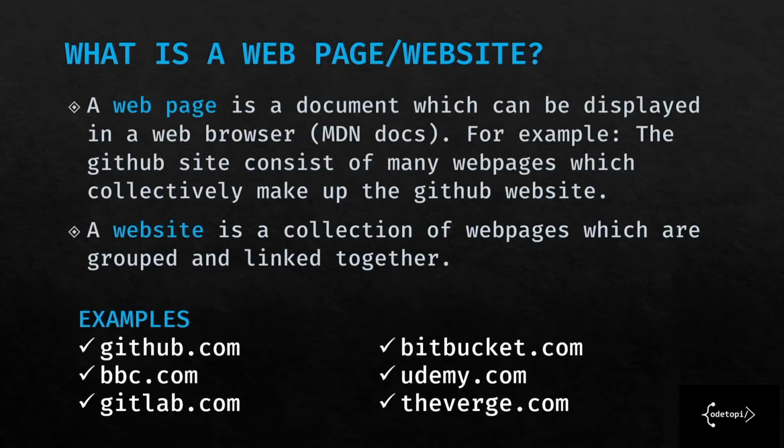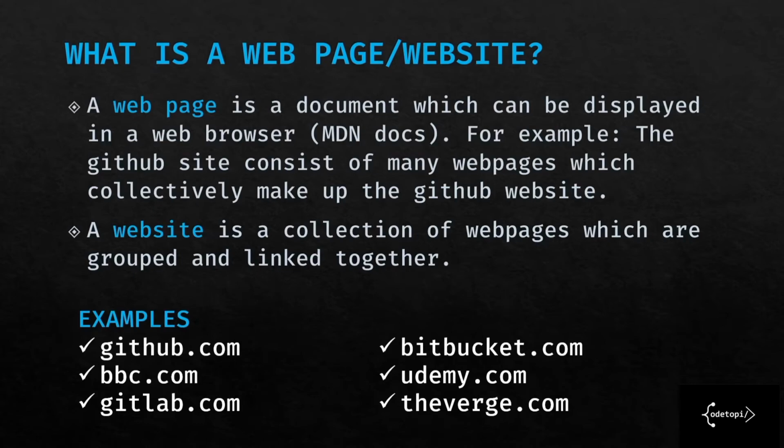Okay, now the next thing we are going to have a look at is what a web page and what a website is. A web page is a document which can be displayed in a web browser according to MDN Docs. A single web page or multiple web pages connected together or linked together is what we term as a website.